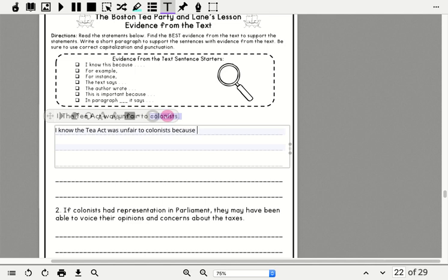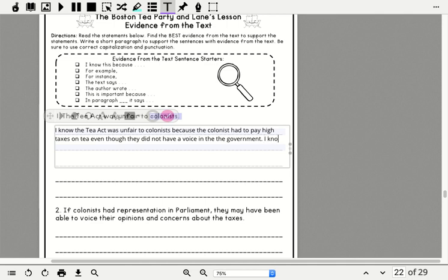A high tax was also placed on the tea to be paid by the colonists. So the Tea Act was unfair because the colonists had to pay high taxes on tea, even though they did not have a voice in the government. I know that's a really long sentence, but we had to restate what we were reading, and then we had to answer that.